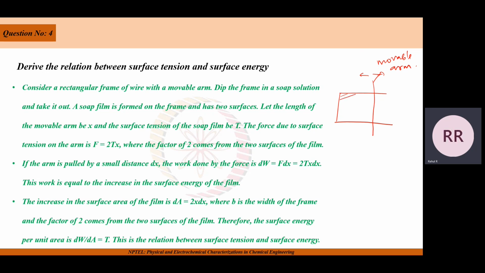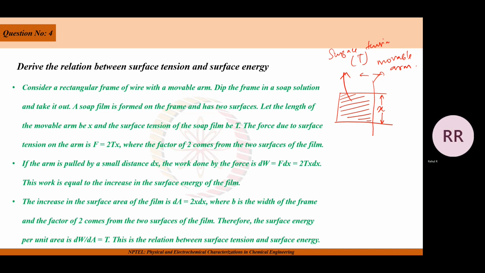Now let us consider there is a soap film within this area, and the length of the movable arm is x. This line should be taken as x, and the surface tension is going to be... Now consider.